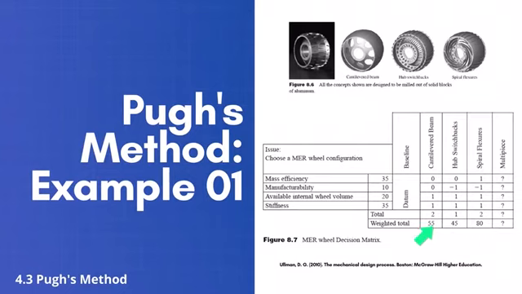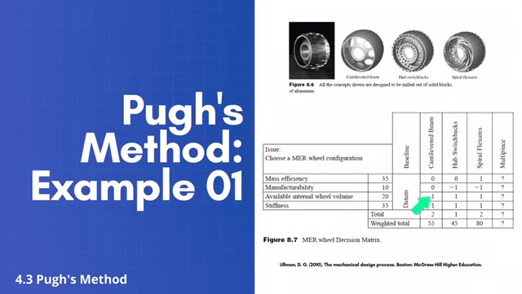So next we will calculate the value for each concept. So how do we calculate the value? Let's say for example we consider cantilever beam. So for cantilever beam we have 0 times 35, it will become 0. And then we have 0 again for manufacturability times 10, it also will become 0.